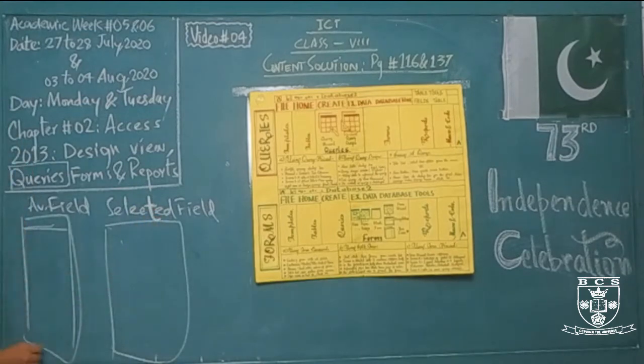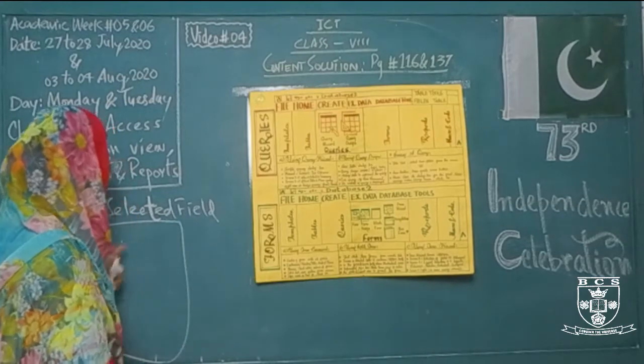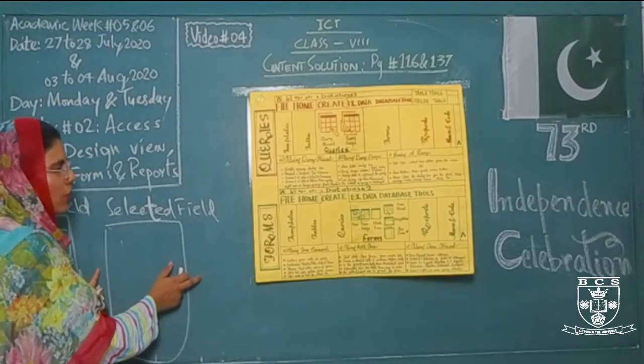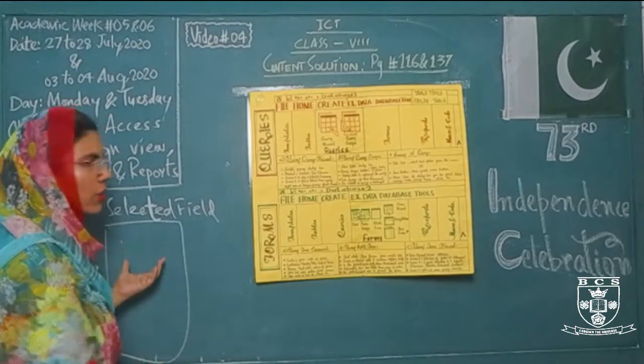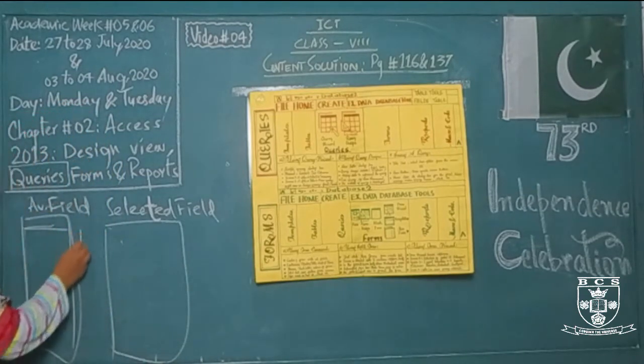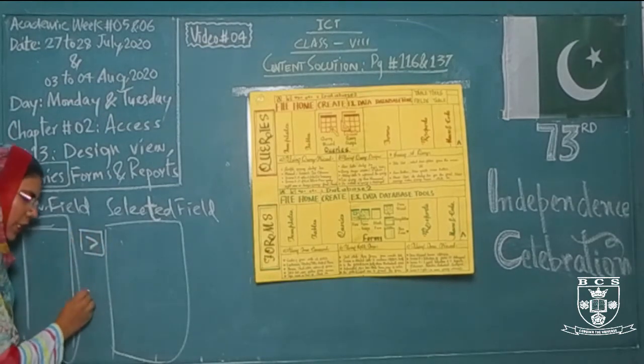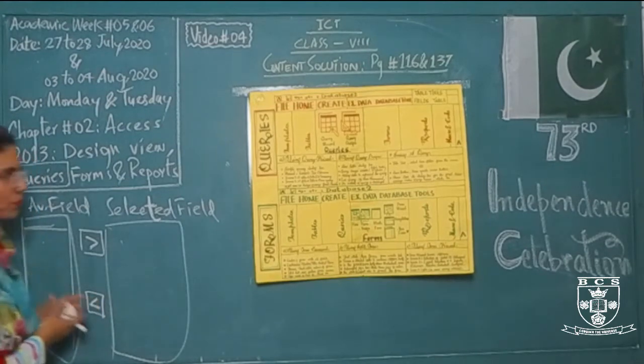Here are the available fields that we have created earlier, and here we have to select the different fields for which we have to make the query, or about which we have questions to ask. We select them with the help of a button. If we click this button, the field is selected, and if we click this other button, the field is deselected.